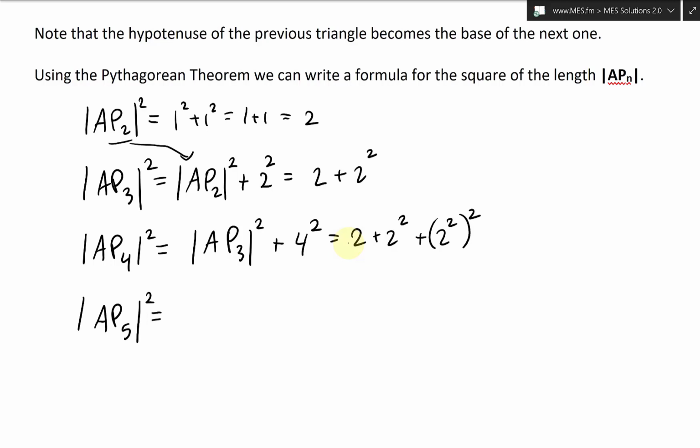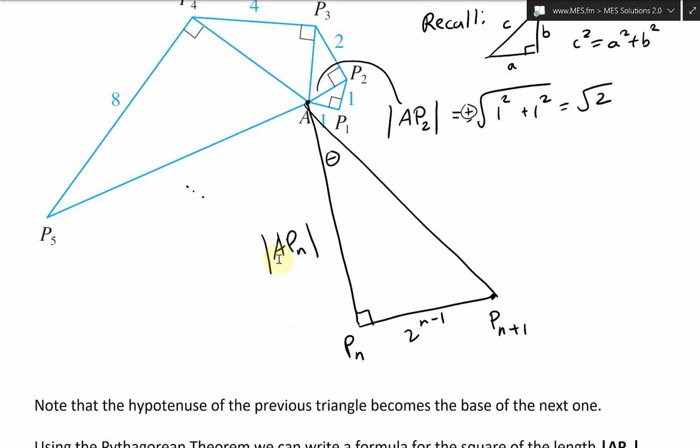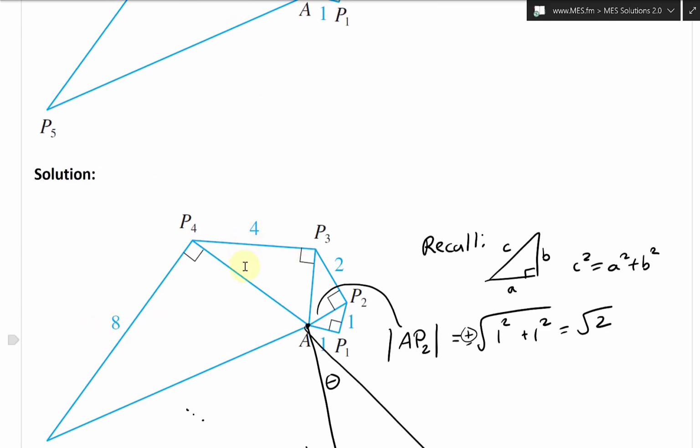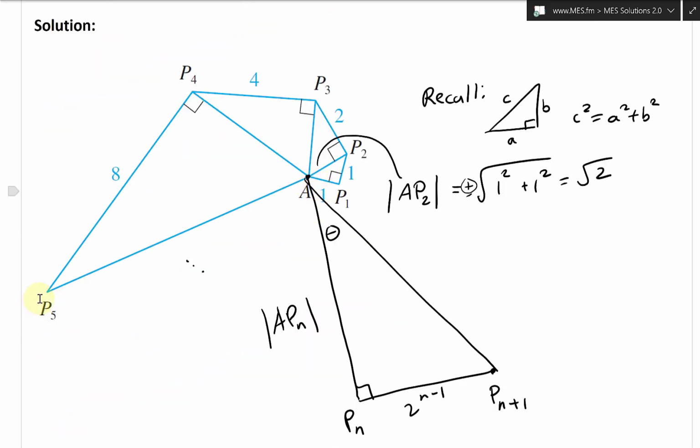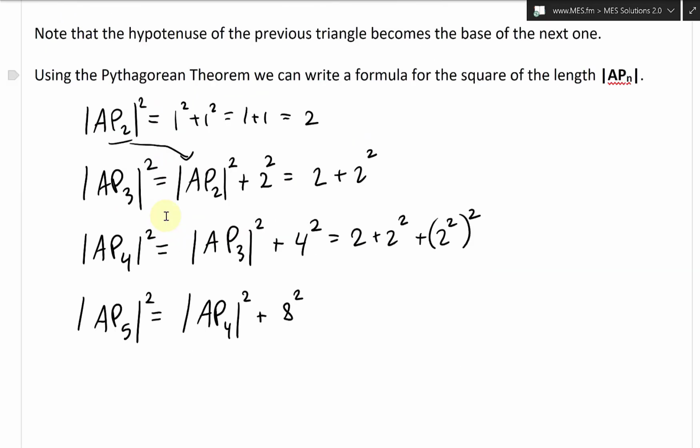AP5 squared is equal to AP4 squared plus, well, it's going to be 8 squared, because we have that right here, 8 squared. So AP5 equals AP4 plus this. And we're doing the squares because we're doing the Pythagorean Theorem.